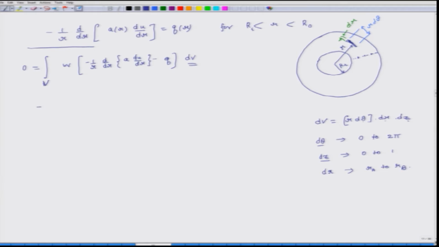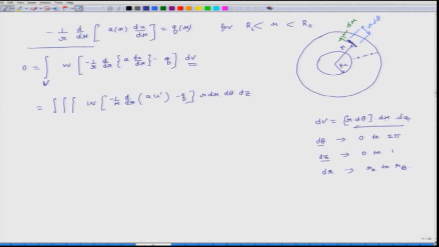So, my weighted integral is basically 3 integrals of w times minus 1 by r d by dr of a u prime minus q, and the first thing I am integrating is with respect to r dr. So, I am replacing this dV by this entire thing, then I am integrating it with respect to theta, then with respect to z.